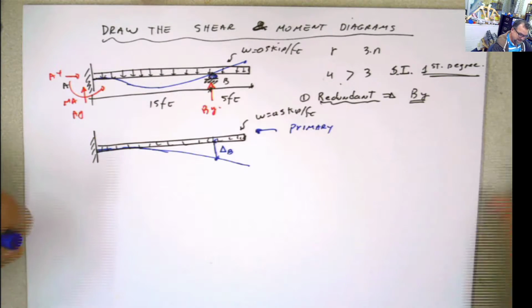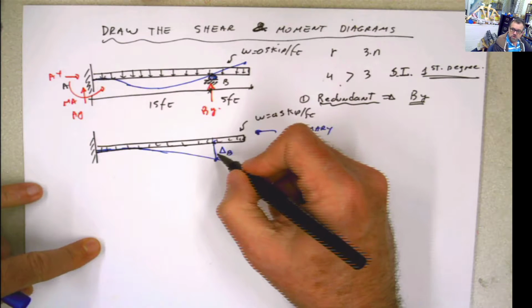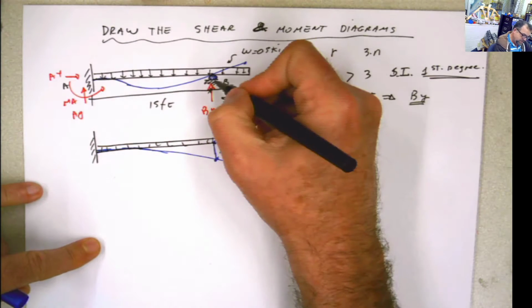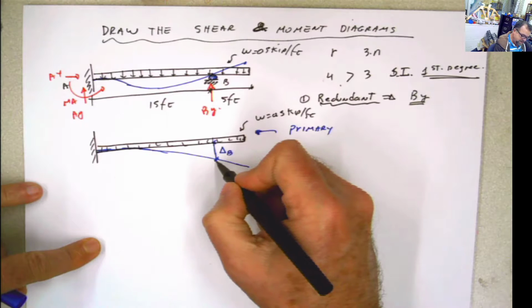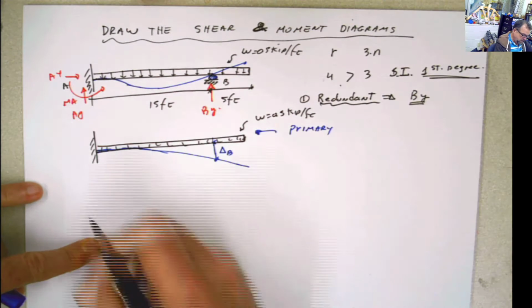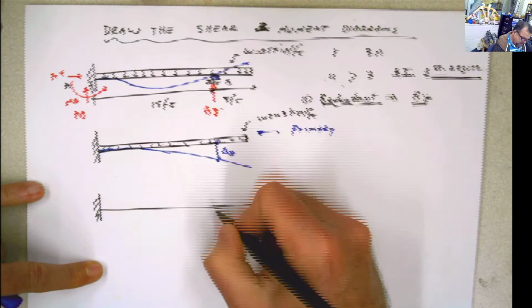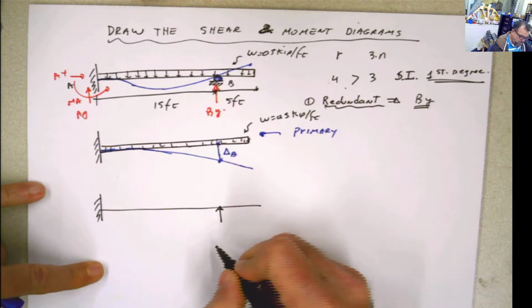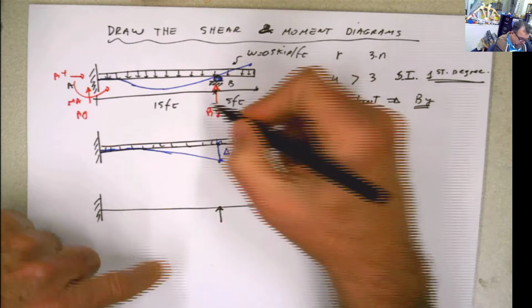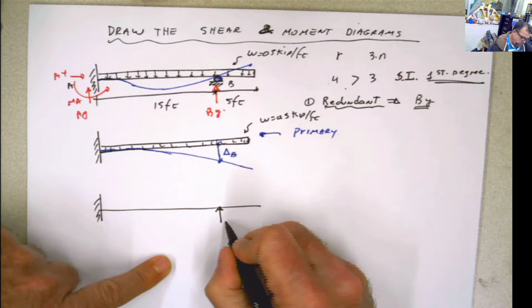Now, what is the next step? I know this is happening, but it's not supposed to happen, so how do I make this go back? I push this up. And that's exactly what we are doing here. We're gonna be pushing that up at that point with a force equivalent to BY. But I don't know how much that force is, so I'm going to use a unit load.